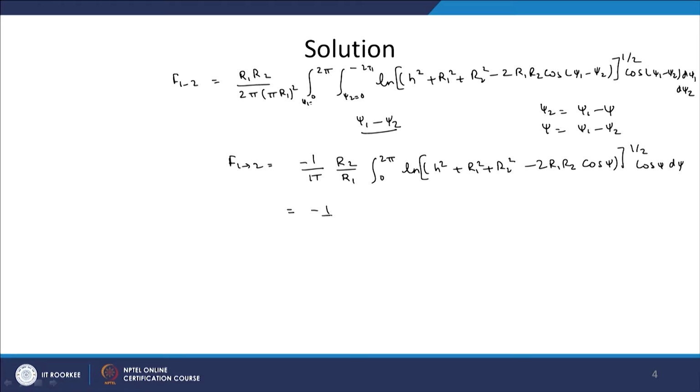I will just write down the steps here, r2 by r1 sin psi ln h square plus r1 square plus r2 square minus 2 r1 r2 cos psi minus r1 r2. So, we just apply the integration by parts.